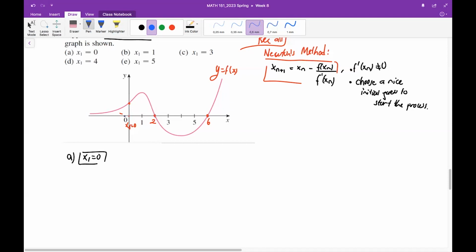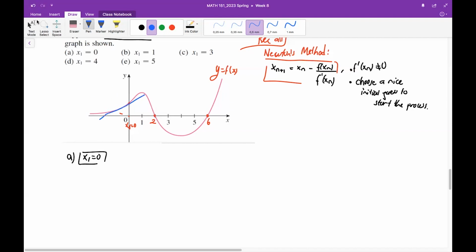Okay, let's check it. x1 equals 0 is our initial guess. I will draw a tangent line right at this point, x1 equals 0. You see, this is our tangent line, and I am sorry about my drawing. It should be more like a straight line like this.